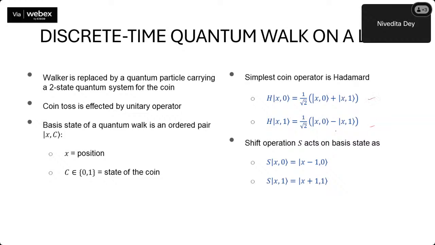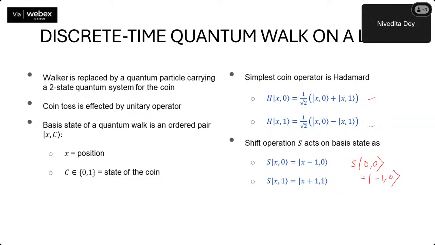Now these two equations are clear. So the shift operation now acts on the basis state. After Hadamard, I will be applying a conditional shift. What is the condition? If the coin state is 0, just go a position left, so now your X will be X minus 1. For example, if you were at position 0 and you got a 0, you will go to position minus 1, 0.